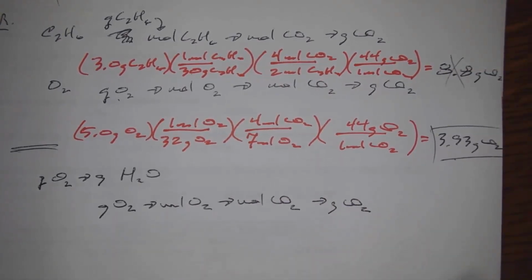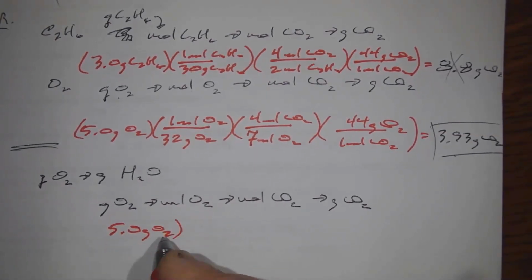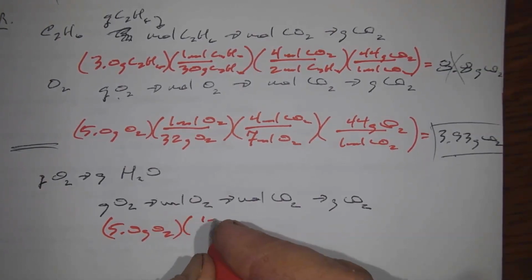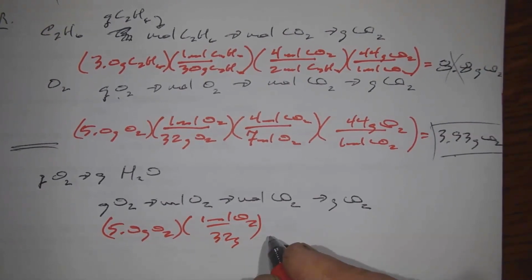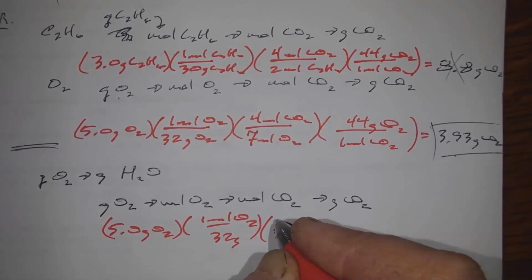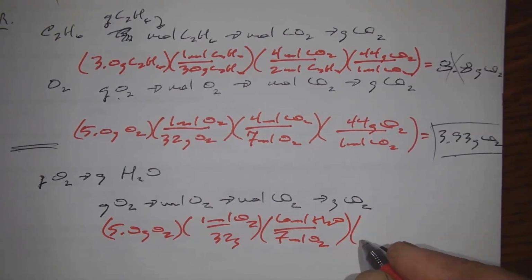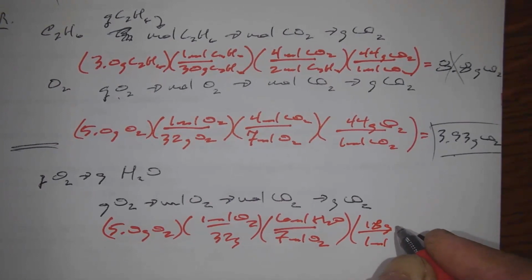And doing this specifically, I've got 5 grams of O2. I've got that 1 mole of O2 is 32 grams. I have that 7 moles of O2 gives me 6 moles of H2O, and H2O is 18 grams per mole.